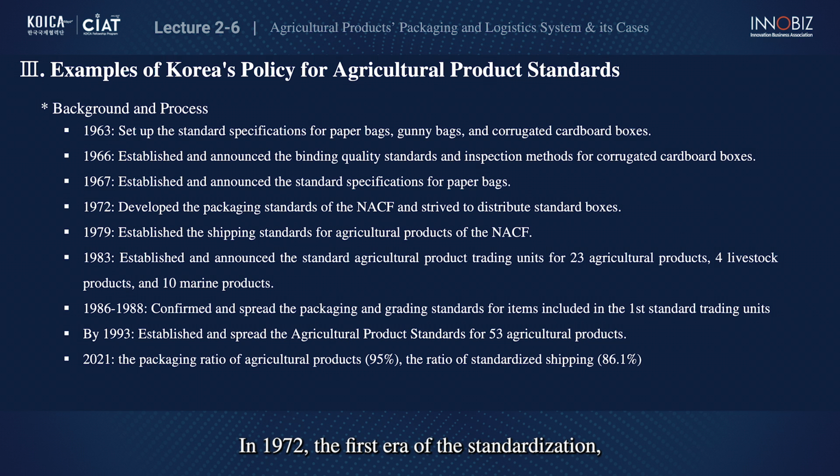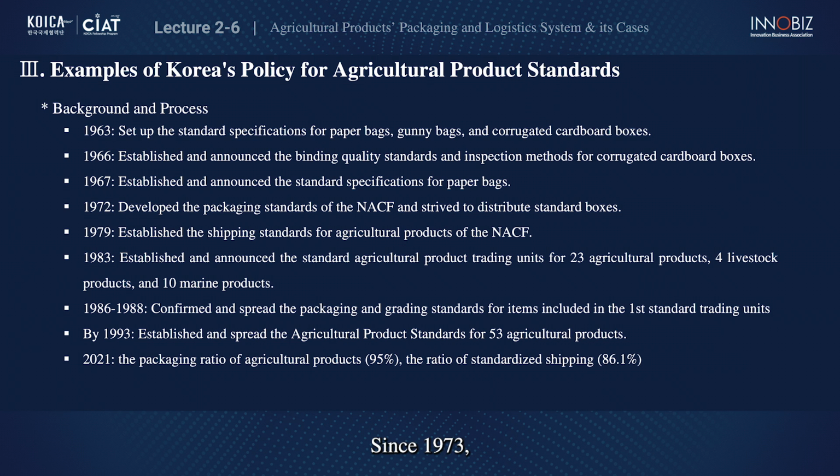In 1972, the first year of the standardization, the NACF established and announced the standards for 3 items including apples, pears, and tangerines. It also provided 100,000 cardboard boxes for fruit packaging to encourage standardization and packaging improvement for the system release of agricultural products.